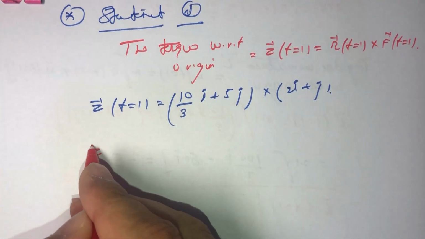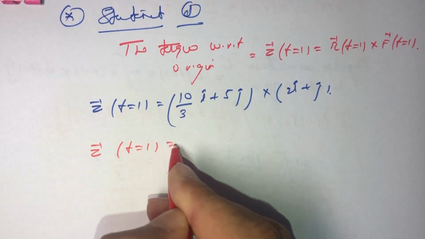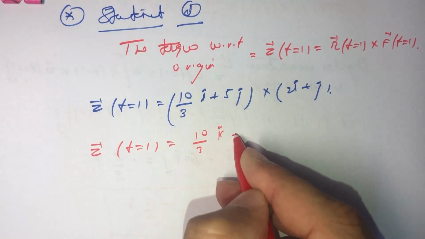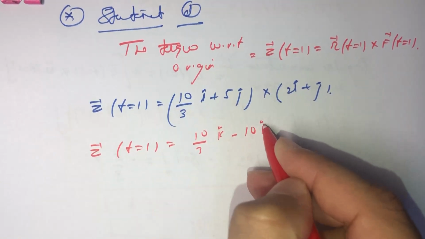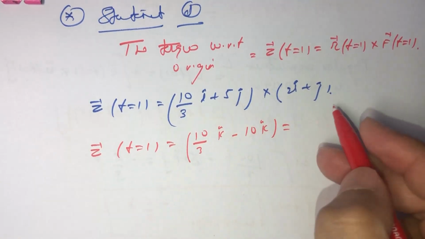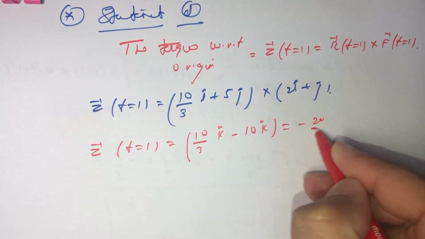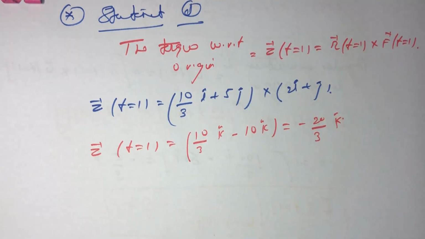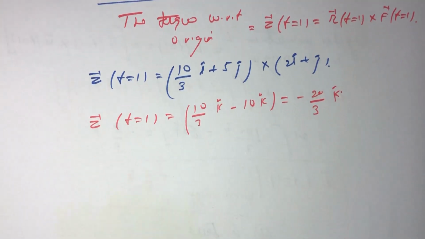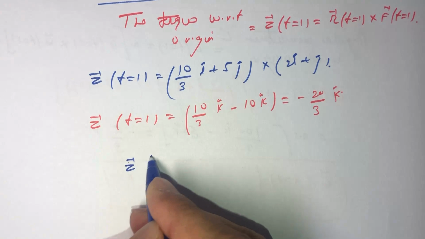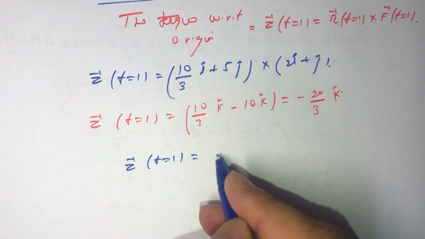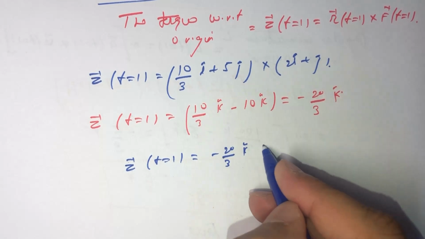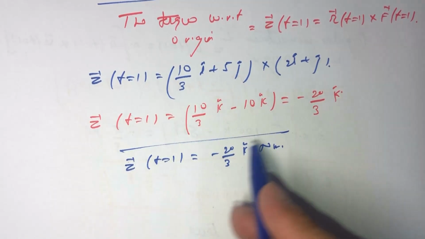So we get this as torque at t equal to 1 will be equal to 10 by 3K minus 10K, and which comes as minus 20 by 3K. So the torque at t equal to 1 second is minus 20 upon 3 K unit vector and Newton meter.